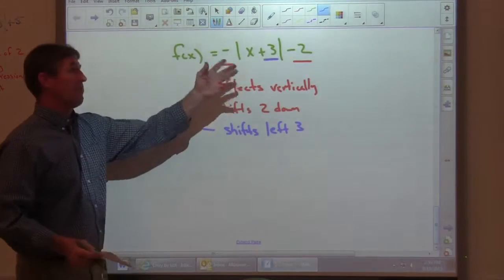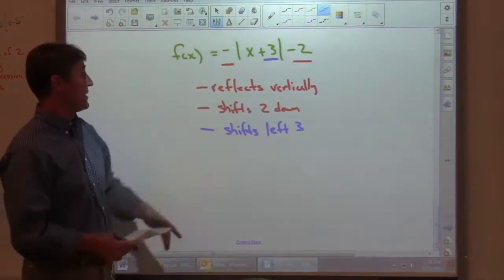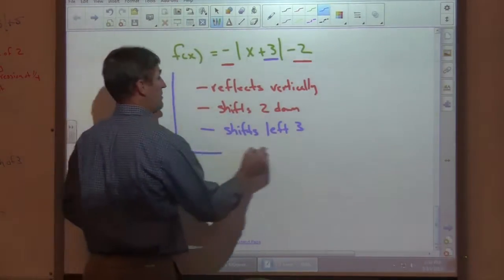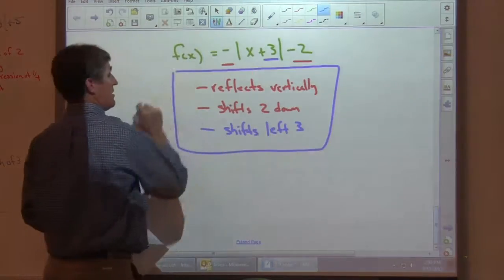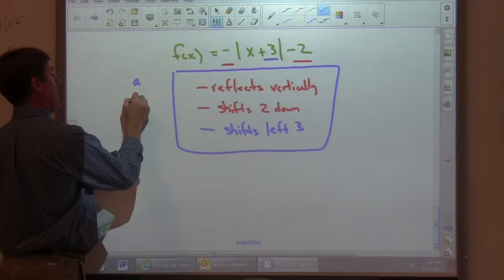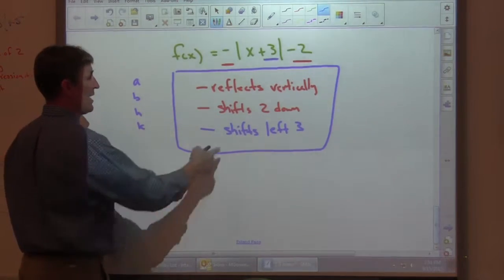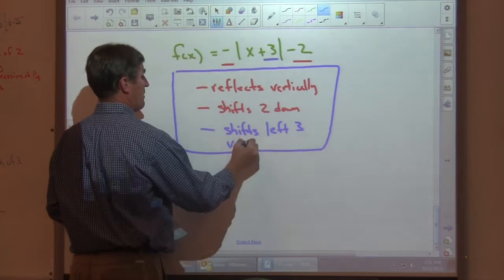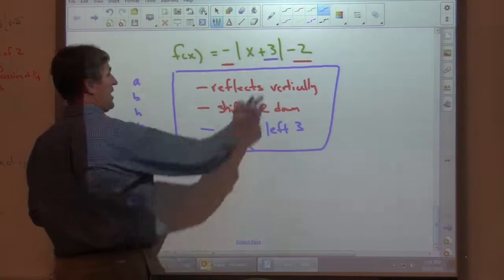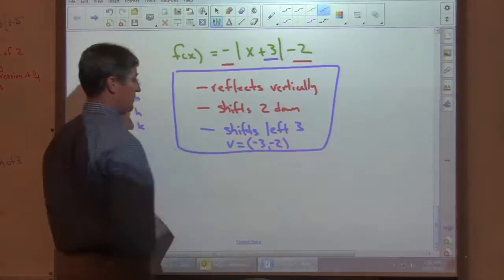So this time I didn't put what A, B, H, and K were. I just went through and wrote this. This is fine on your assignments to write it this way. All right? If it helps you to label everything A, B, H, and K and write that out, then by all means do. If I wanted the vertex here, my vertex, remember, would be HK. So it's the opposite of that, so -3, -2.